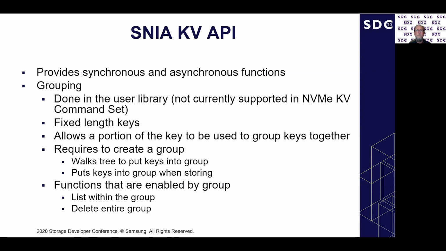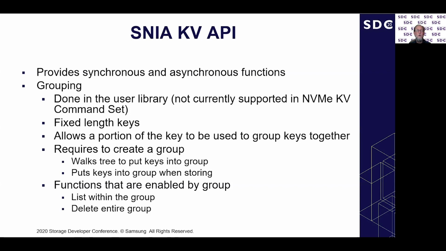So what this does is it means that if you haven't set the grouping up before you store information, the device doesn't have to somehow maintain some order of the keys that are used for storing devices. Now, once you have created a group, future stores to the device do put the keys into appropriate groups when those key value pairs are stored.